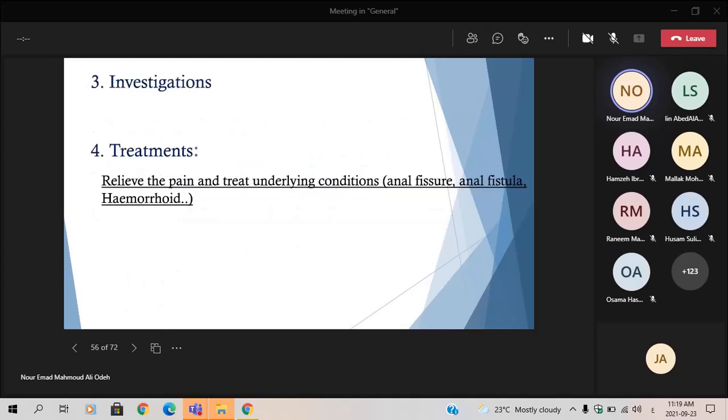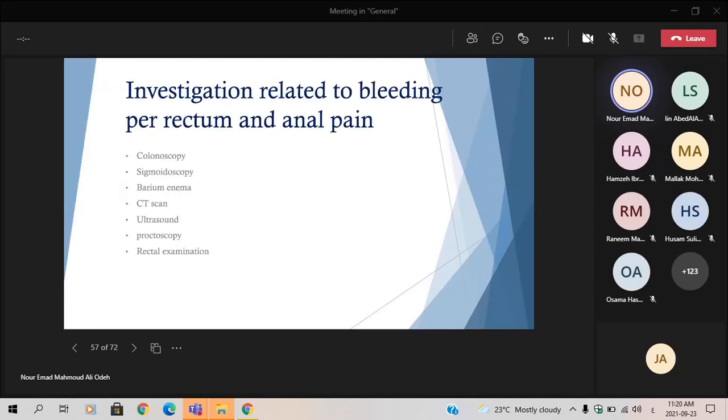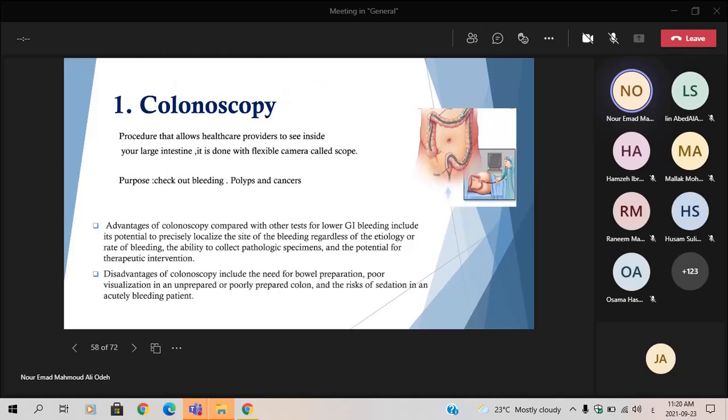Treatment: first of all, relieving the pain, then treating the underlying condition. These are the investigations we can use for bleeding per rectum and anal pain: colonoscopy, sigmoidoscopy, barium enema, CT scan, ultrasound, proctoscopy, and rectal examination.